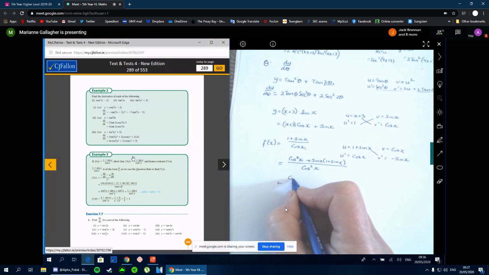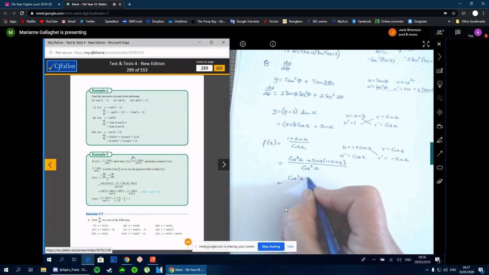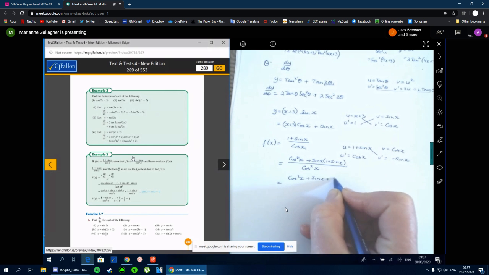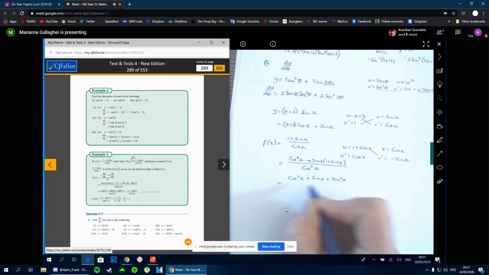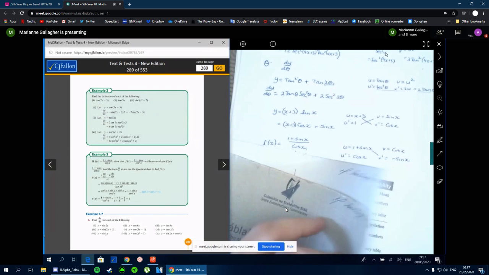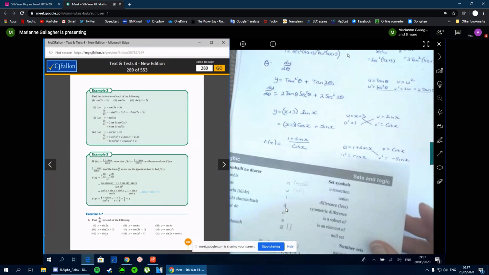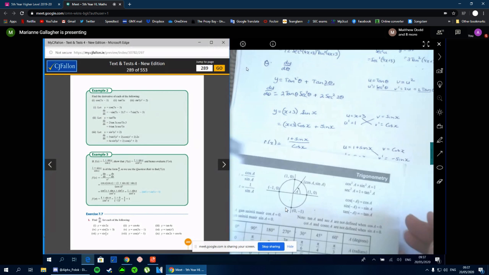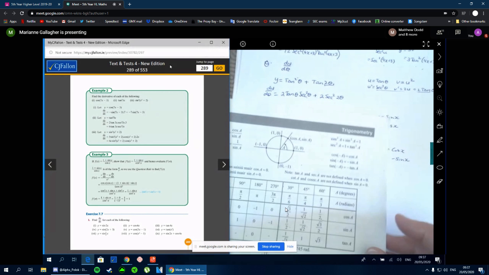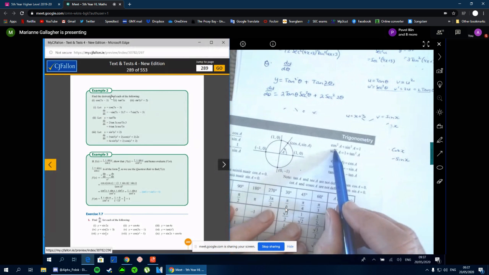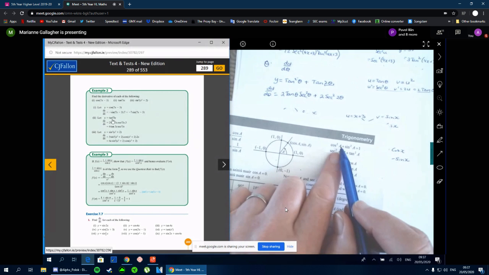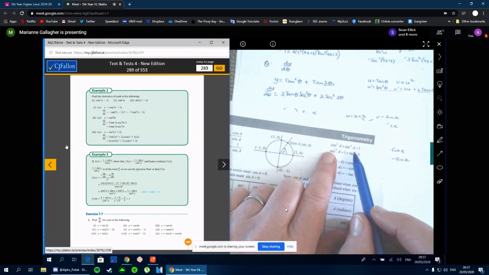Now, multiplying out the top, you've got cos squared x plus sine squared x, all over cos squared x. Now, in the tables on our page in trigonometry, we have what's called a trigonometric identity. So we talked about this before: cos squared plus sine squared is always equal to 1.